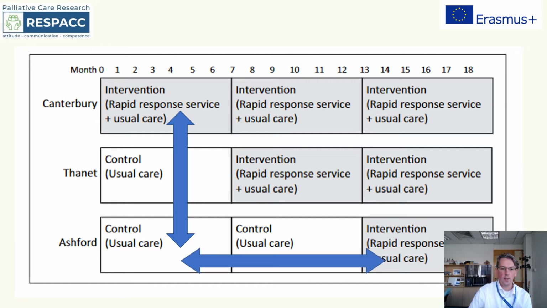At the Ashford group, you can use their control data and then look later at the intervention group as well. So this is a really useful way of establishing control groups in quasi-experimental studies.